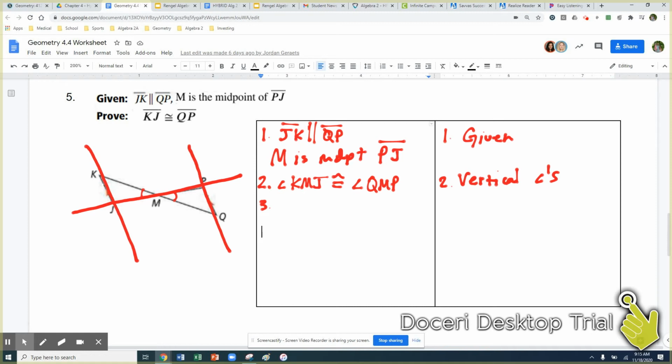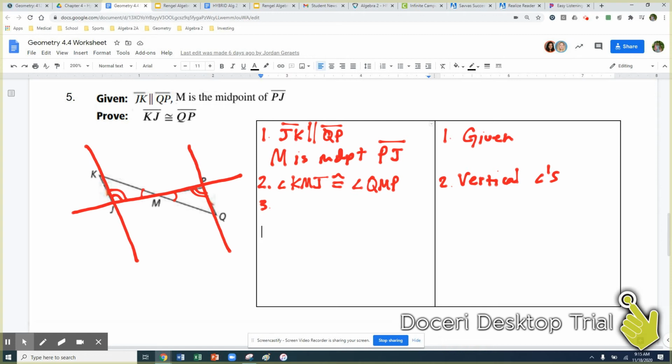Now in the triangle, we've got an angle here, and we've got an angle here, which are part of this diagram with my parallel lines, and they're also part of the angles in those triangles.